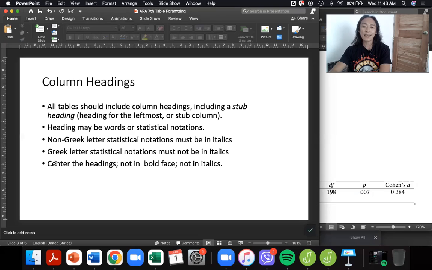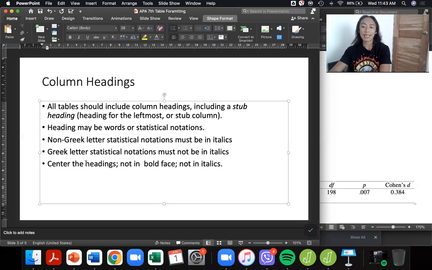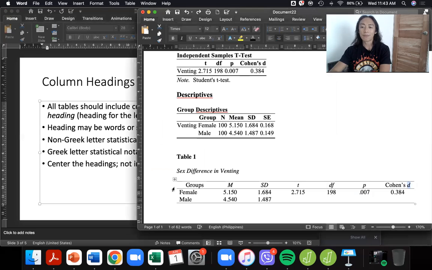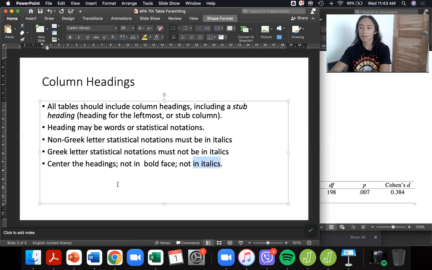The headings should be centered. They should not be in boldface. They shouldn't be in italics. So just regular. Not in boldface.